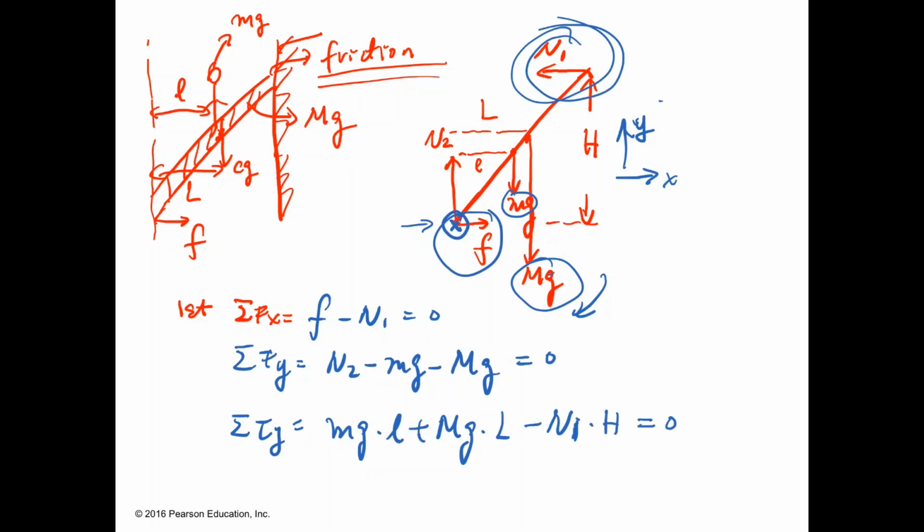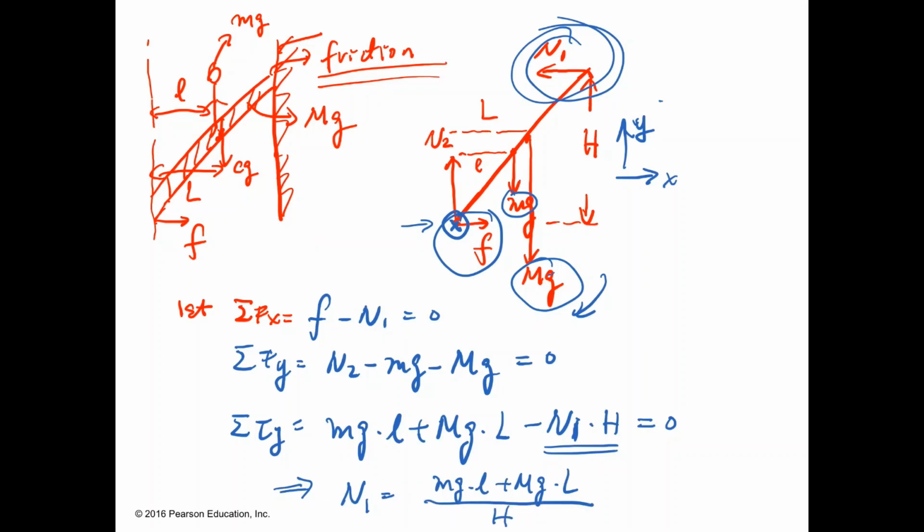That needs to be equal to 0. So basically with this we can calculate, right? So what is N1? N1 is equal to mg times small l plus Mg times big L divided by H, right?